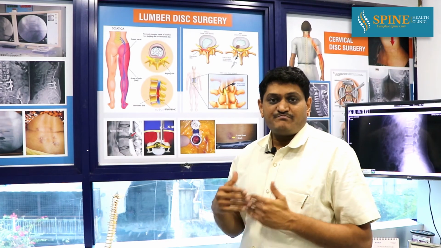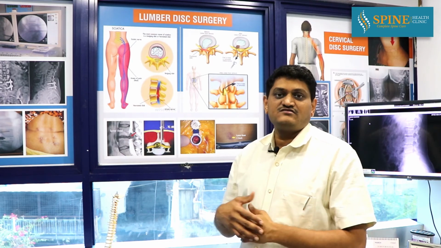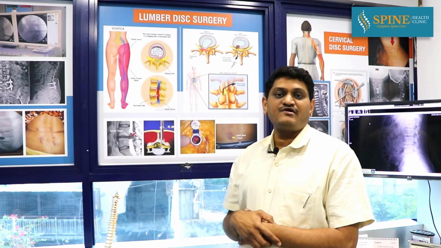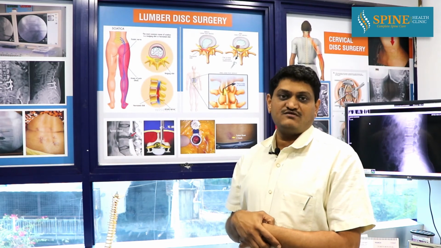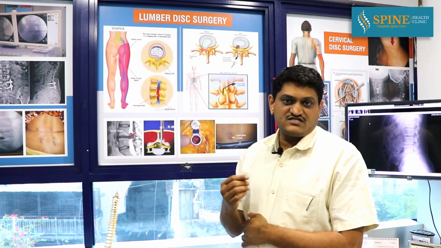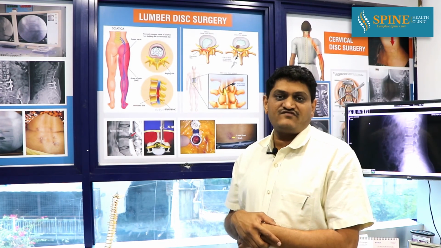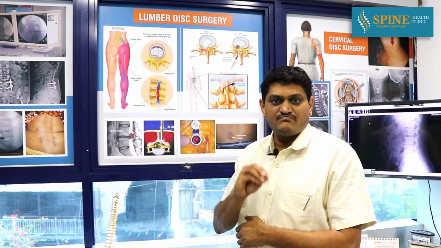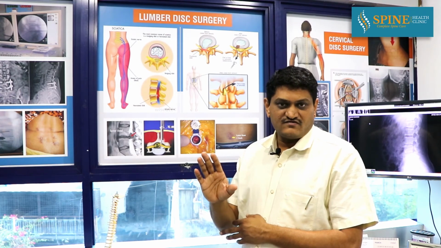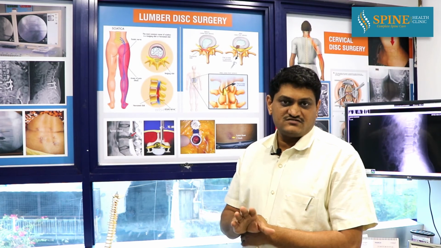Now we move toward patients who already have a disc prolapse or slipped disc. What treatment options do we have for these patients? First, more than 90% of patients definitely get better with medicines, regular physiotherapy and rest.